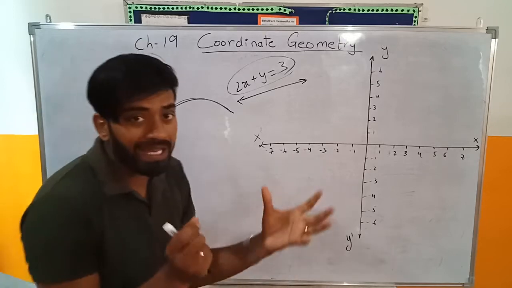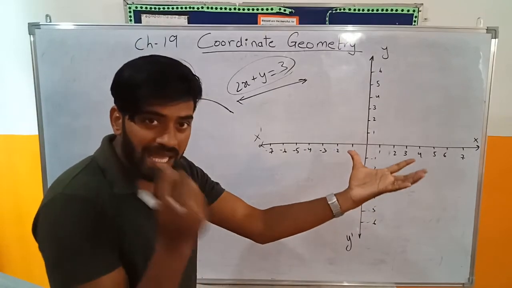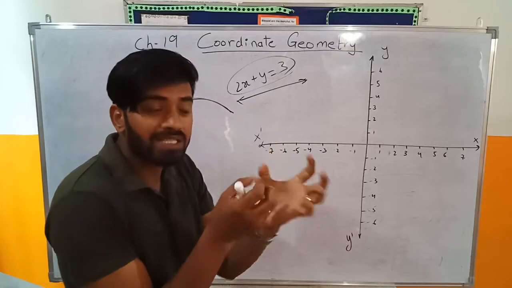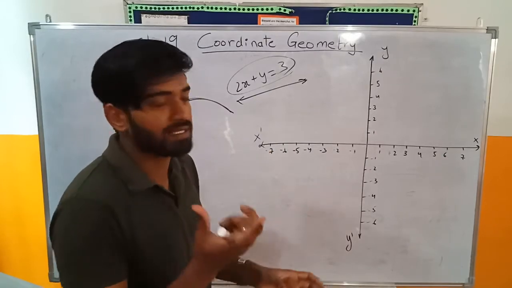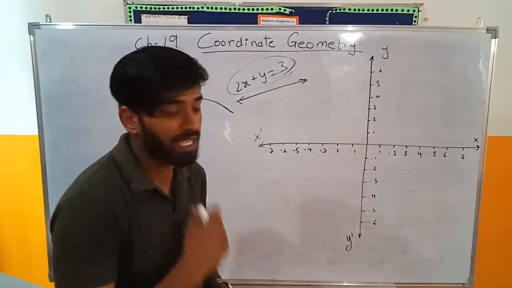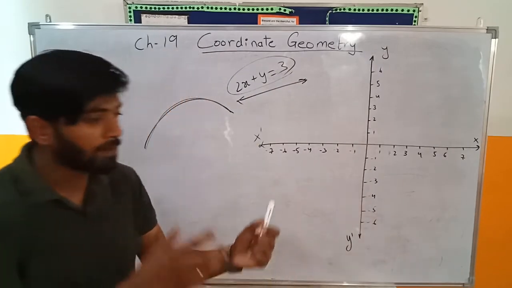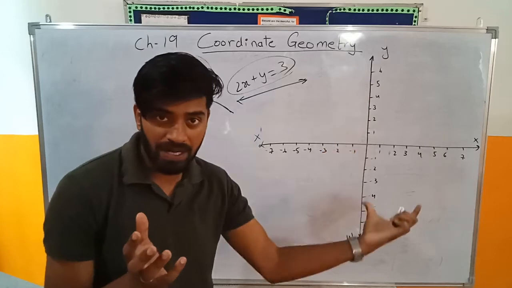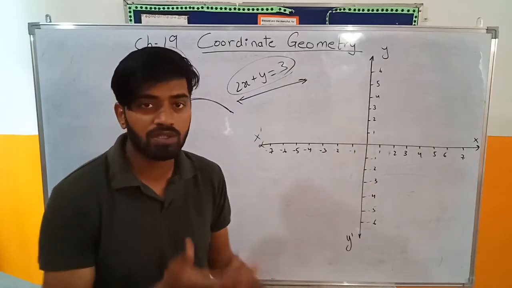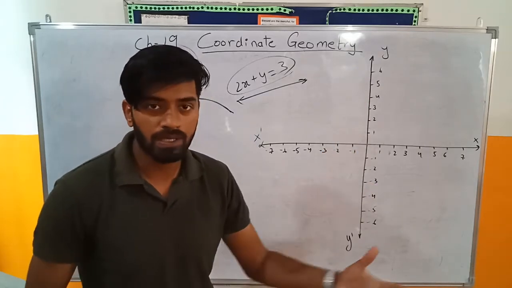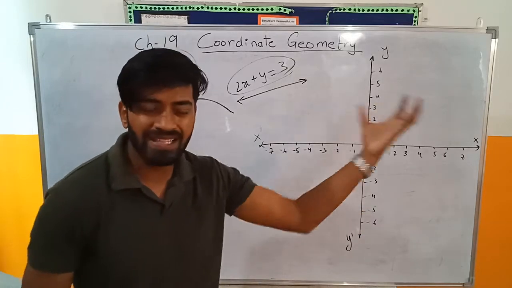So when we combine lines and algebra together, a new branch of mathematics arises, and that new branch is called coordinate geometry. You know what algebra is? Algebra consists of variables x, y, z, a, b, c, d, and geometry consists of lines and angles.